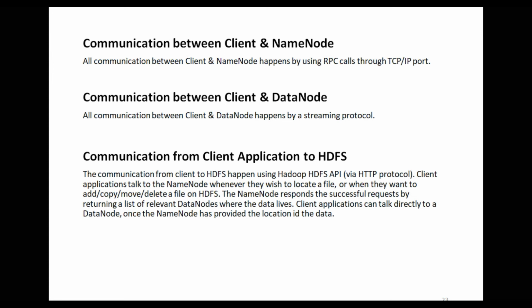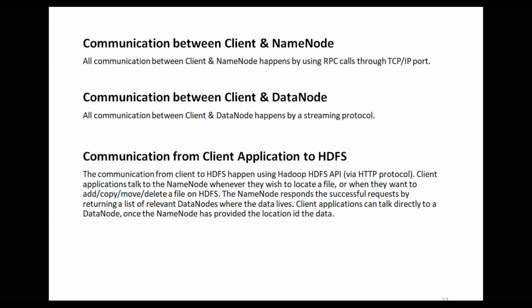Client applications talk to the name node whenever they want to locate some files. One more point, for all Hadoop HDFS operations the first point of contact is the name node. So we cannot directly communicate with the data nodes. The end user, Hadoop admin, Hadoop developer, we cannot communicate with the cluster directly.